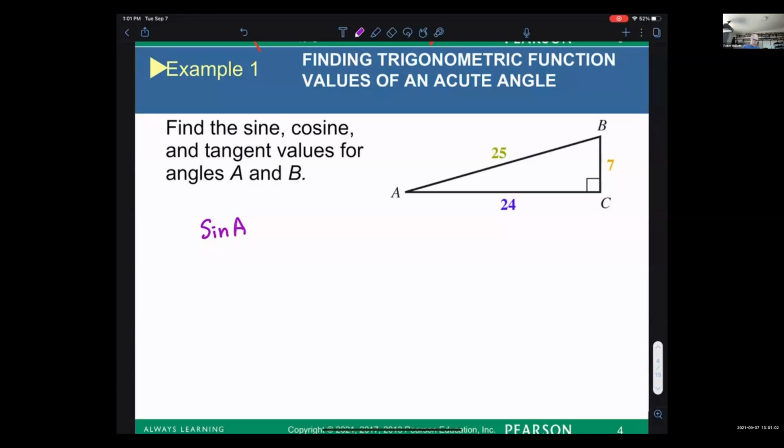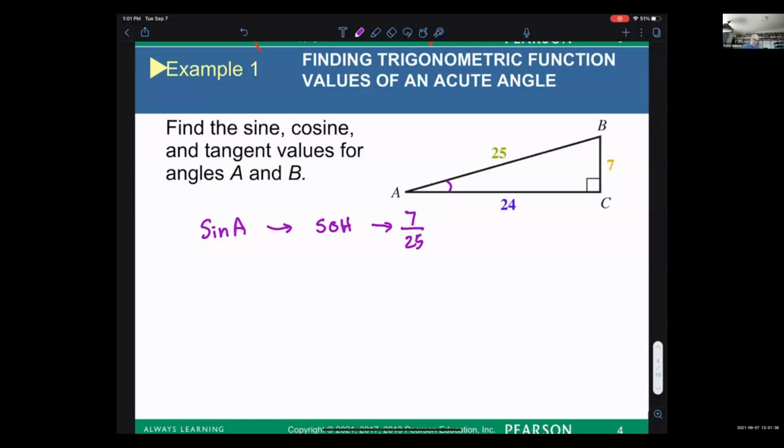First we want to identify where is angle A. We can see that's the angle with the vertex A described there. So that's angle A. Now for the sine, we may want to remember that SO of the SOHCAHTOA means that sine is opposite over hypotenuse. So sine of A will be the opposite to the A angle, which is 7, divided by the hypotenuse, which is 25. And that's it.